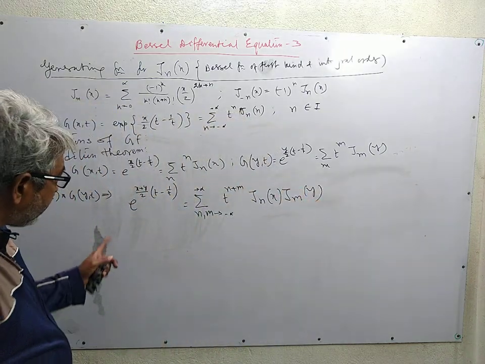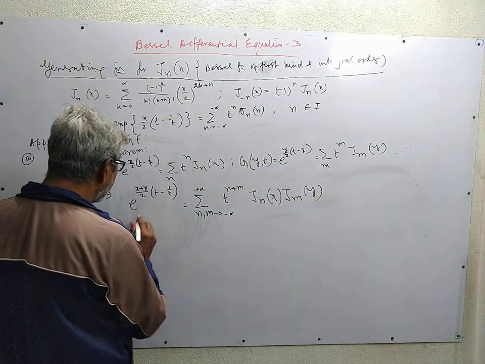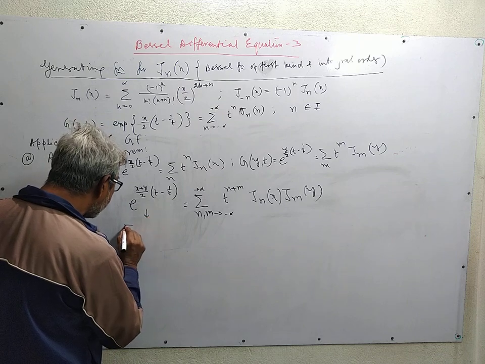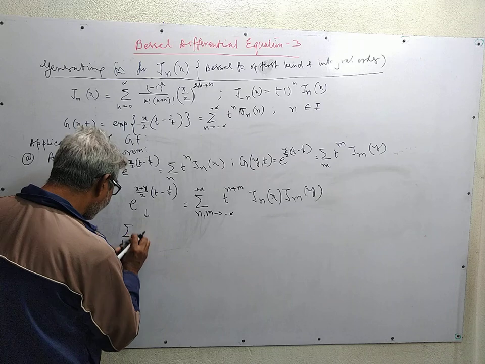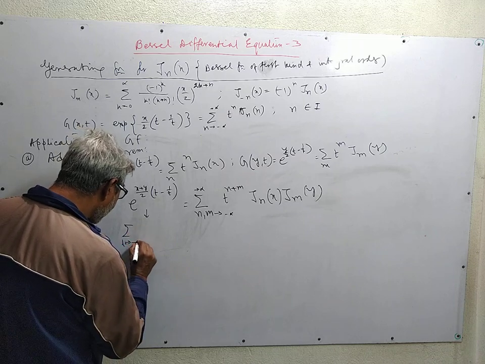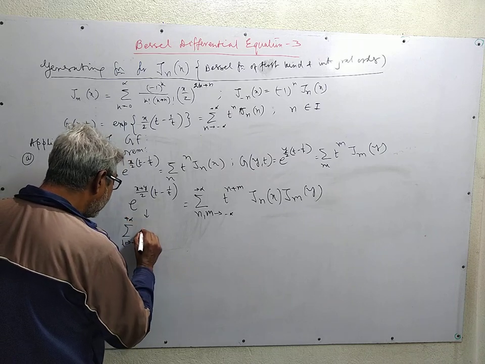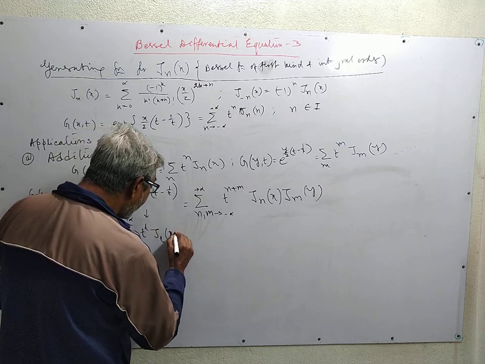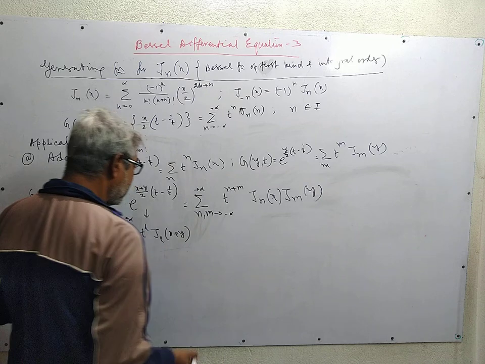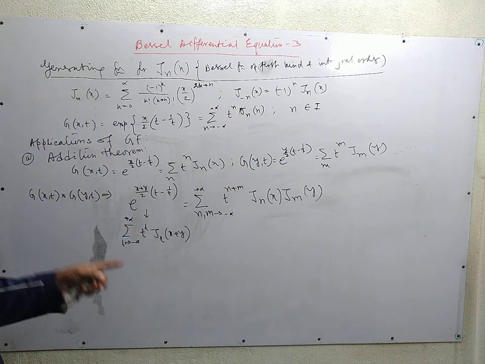And if we apply the generating function on this, it can be written as the summation over L from minus infinity to plus infinity of t^L J_L(x+y), which is equal to this thing.